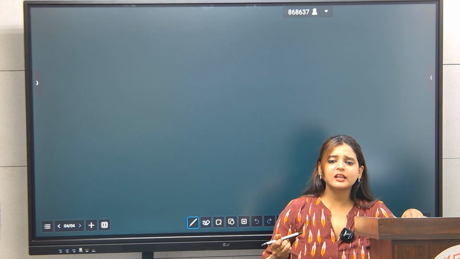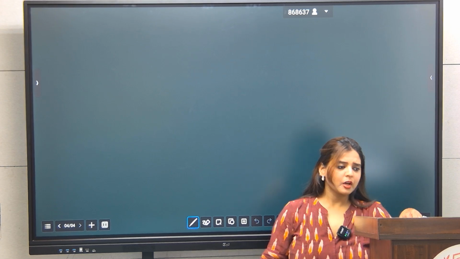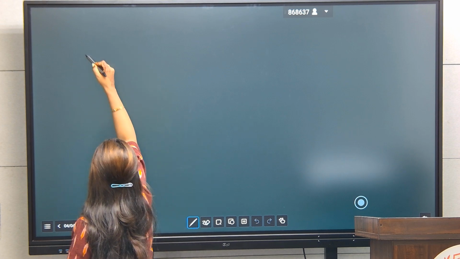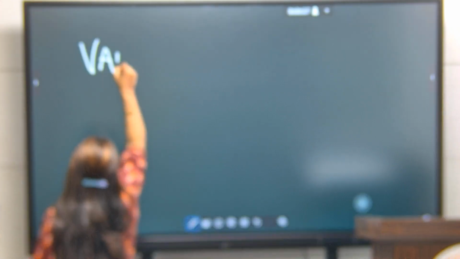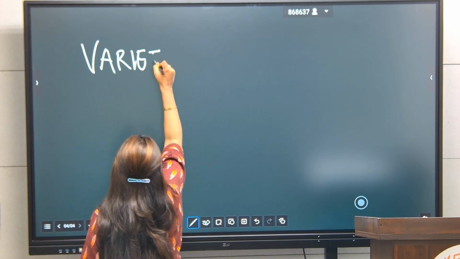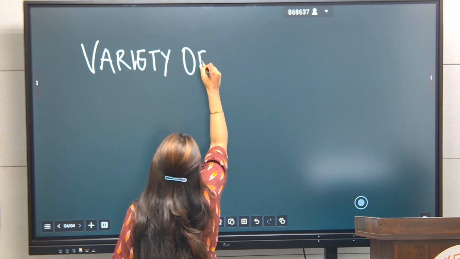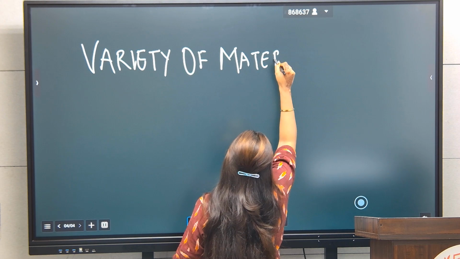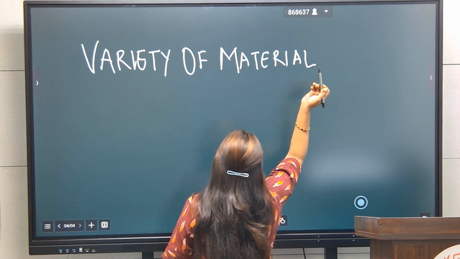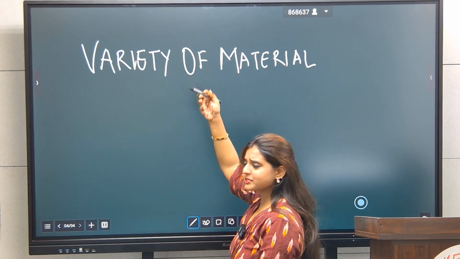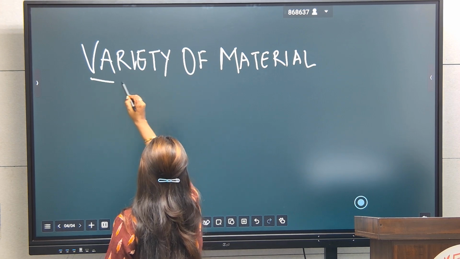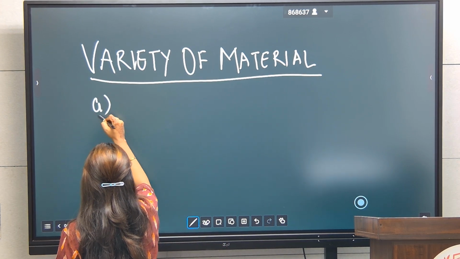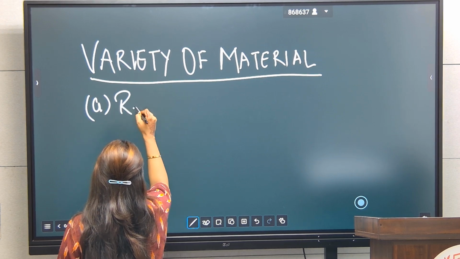So, what was the variety of materials that was used for making beads and all these crafts?